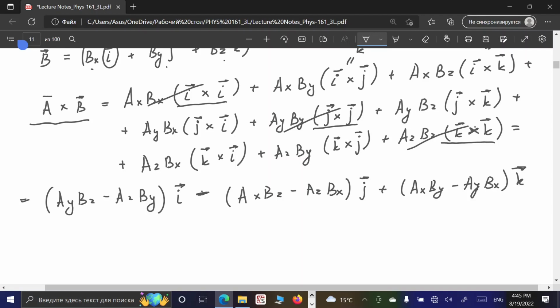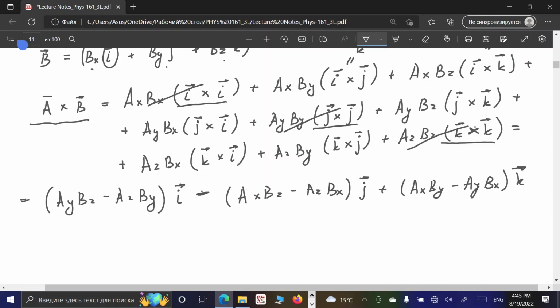The parentheses contain the magnitudes of these components of the resultant vector, which is the cross product of vectors A and B in three-dimensional space. That means that with this approach, we get both information about the magnitude of the resultant vector of this cross product and its orientation.